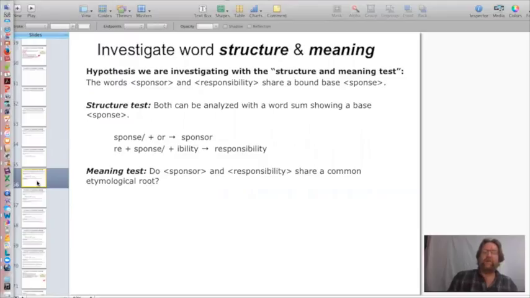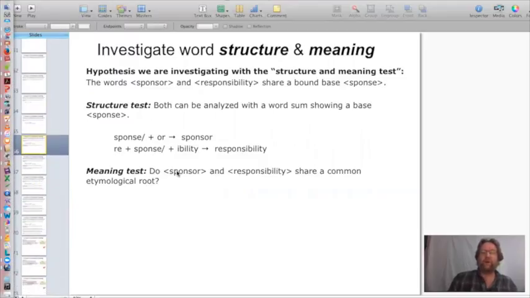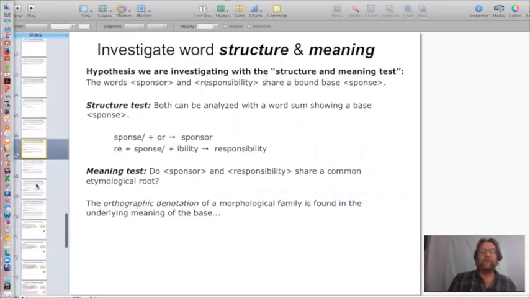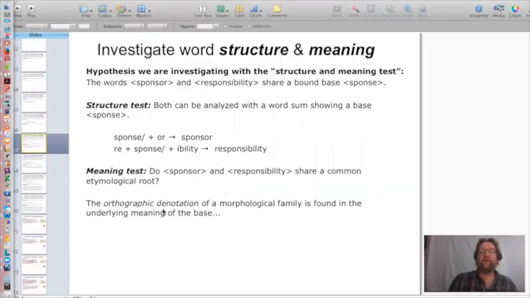Now what we need to do is the meaning test. Do sponsor and responsibility share a common etymological root? Well, this is a meaning test because we find the orthographic denotation of a morphological family is found in the underlying meaning of the base that we trace back to the etymological root.